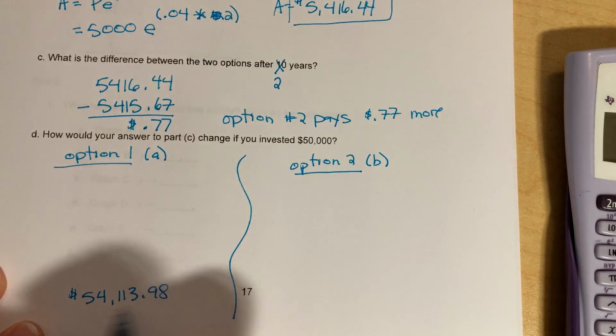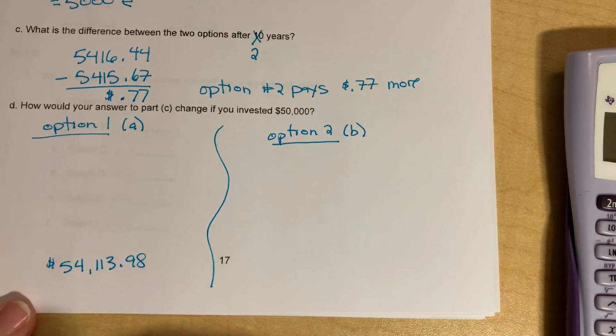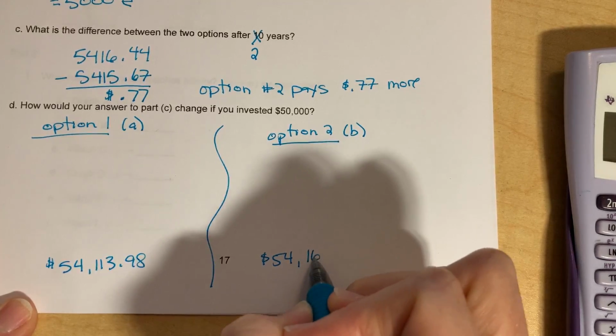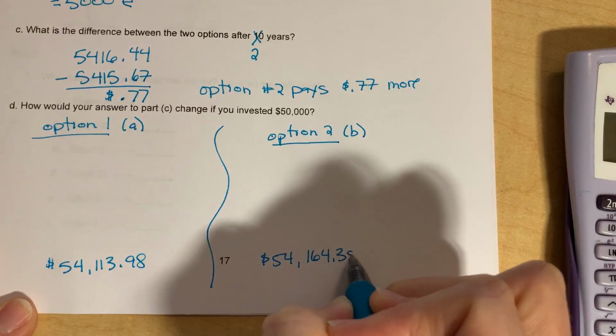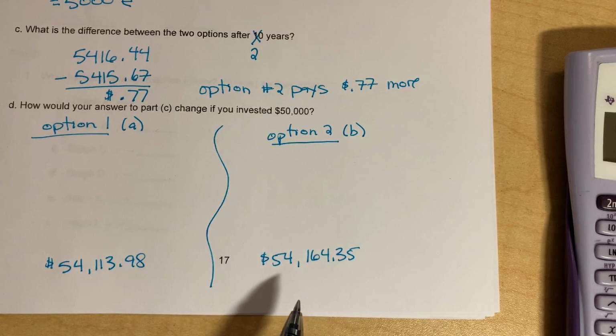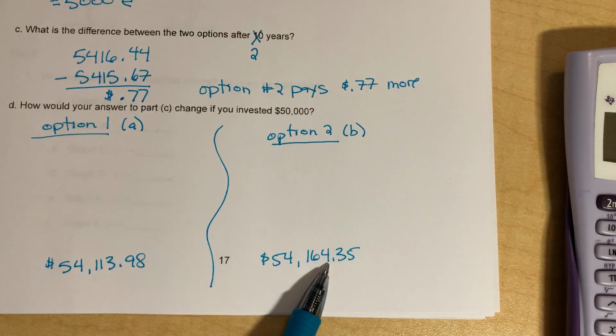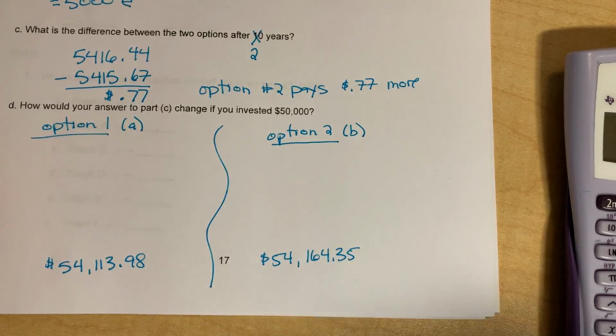Remember, this might vary depending on where you round your decimal to. And over here, you should get $54,164.35. But you should try these on your own, and you can see there's a much bigger difference here when you're investing more money. That is it.